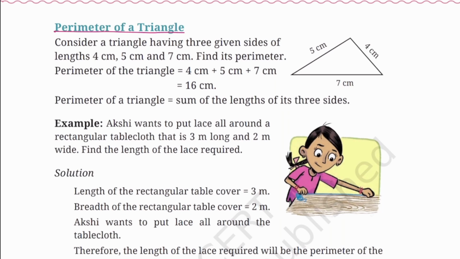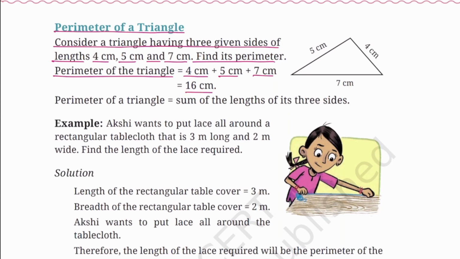Perimeter of a triangle. Consider a triangle having 3 given sides of lengths 4 cm, 5 cm and 7 cm. Find its perimeter. Perimeter of the triangle is equal to 4 cm plus 5 cm plus 7 cm, which is equal to 16 cm.